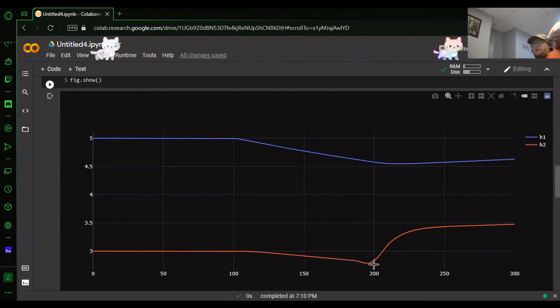However, as you see right around here at 200, we have a huge jump in height and a gradual jump here, because with Q2 going in, what's happening now is instead of fluid going from tank 1 to tank 2, fluid will now be going from tank 2 to tank 1 because more fluid is getting pushed through tank 2.